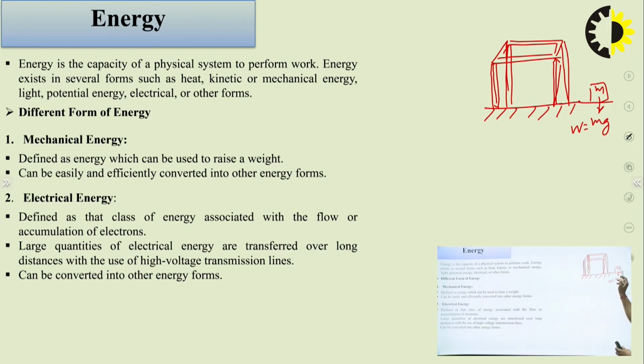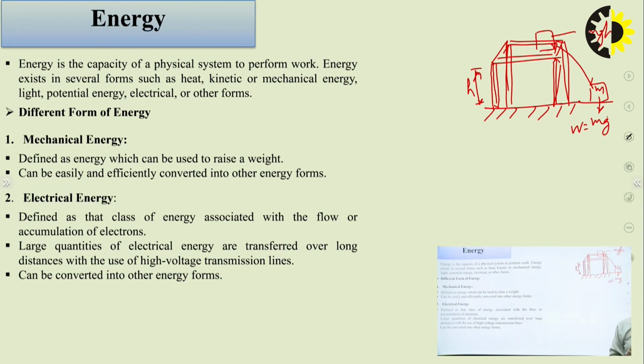Now we have to transfer this weight, suppose this is the height h of this table. Now we have to place this mass from this end to this end. To transfer this block from one end to another, we need some energy. Now when the body comes to this end, it has the potential energy of mgh. So this is one of the forms of mechanical energy.